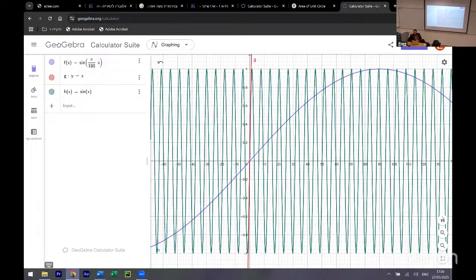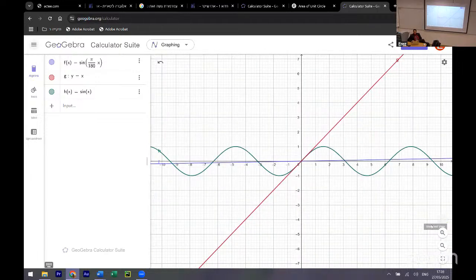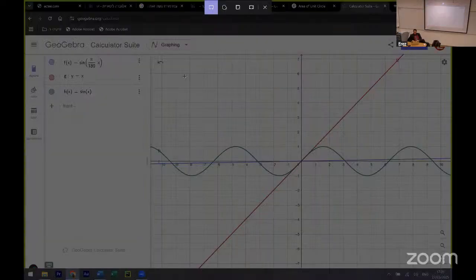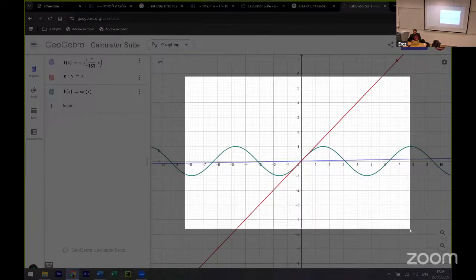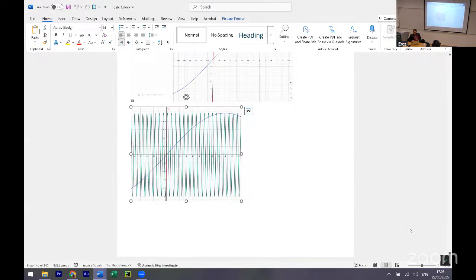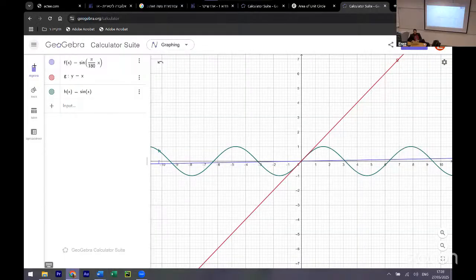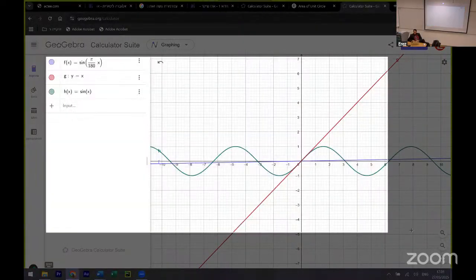So I just hit home. It's the very same graph, just a change of perspective. Who do you see here? This I will copy with the formulas.